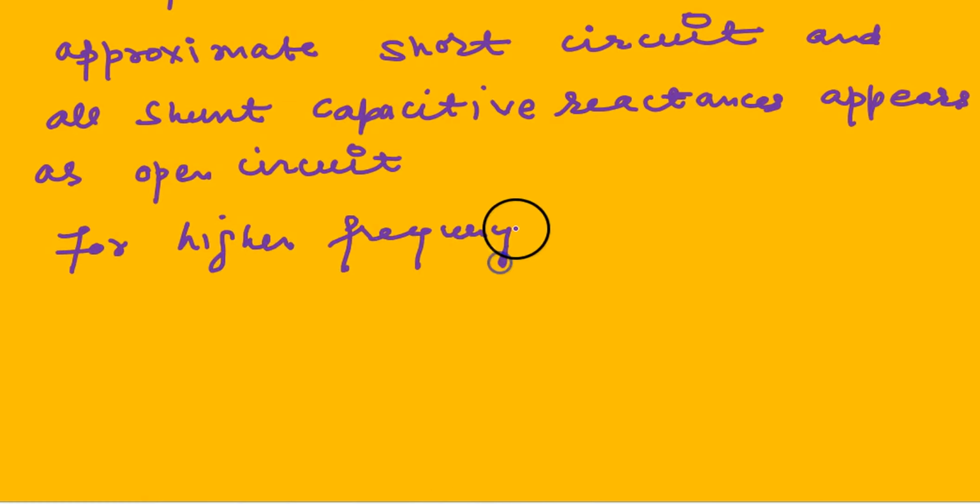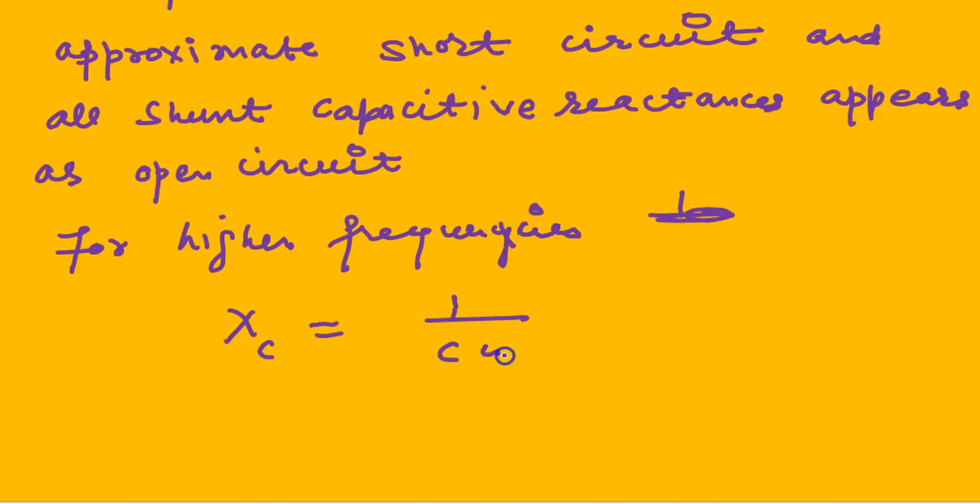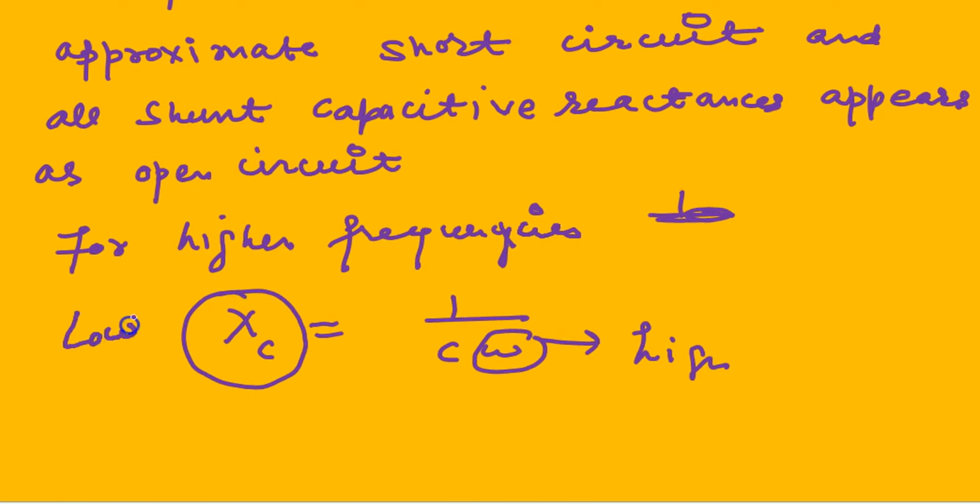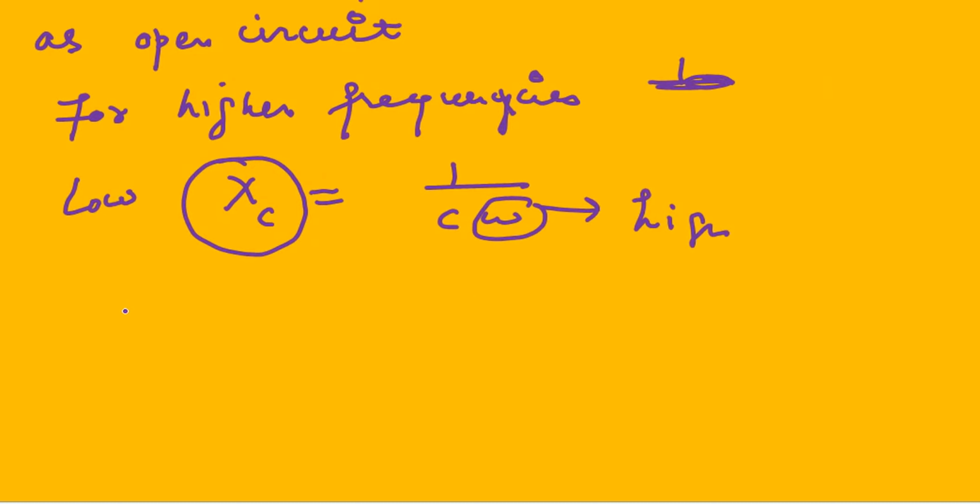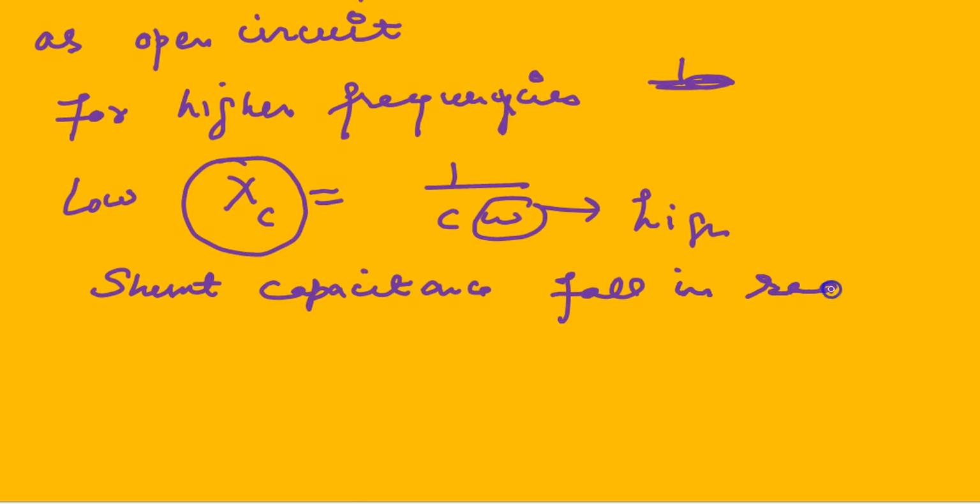Now for higher frequency, what happens? Because omega is high, Xc is 1 over C omega. Omega is high, Xc decreases. So shunt capacitor cannot behave as an open circuit now.